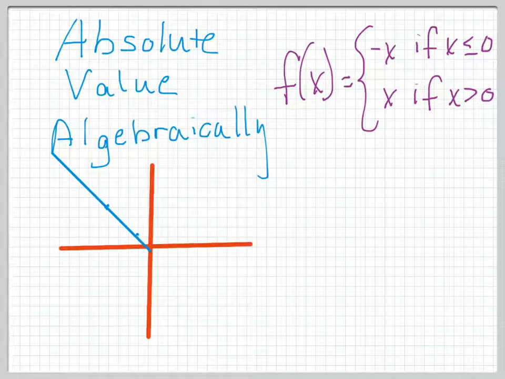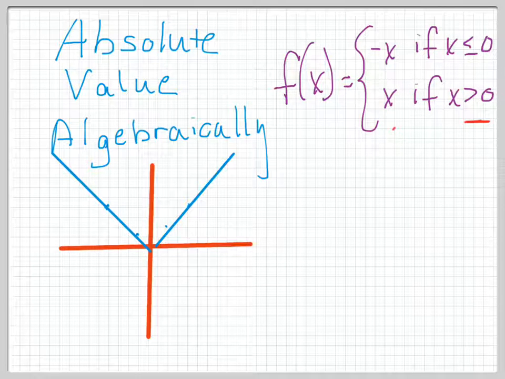Now we're going to do those values that are greater than 0. For x greater than 0, you're just going to use x. So when we talk about 2, we're going to get 2. And when we use 4, we're going to get 4. Then we connect those 2 points with a line.